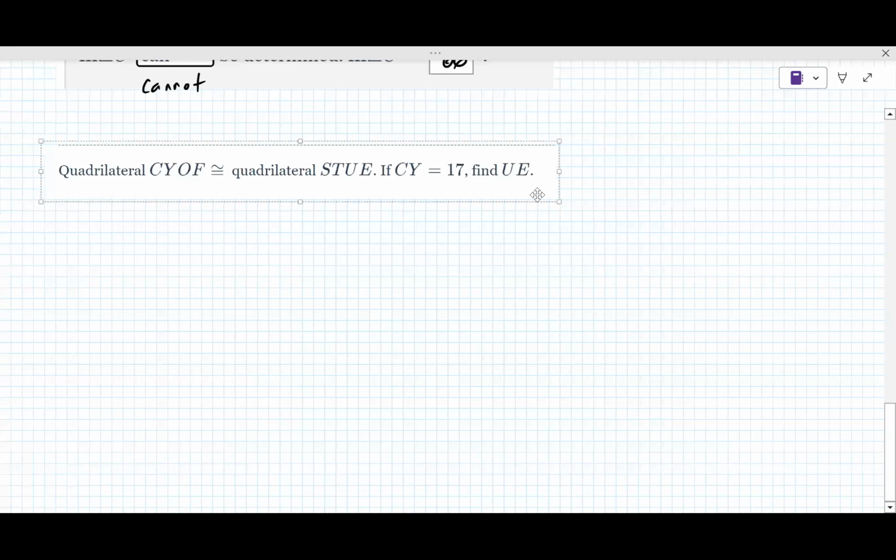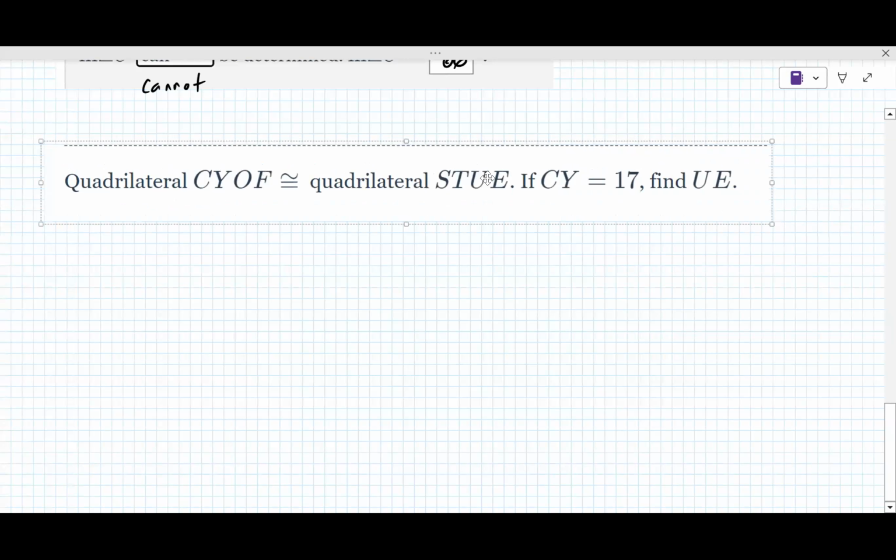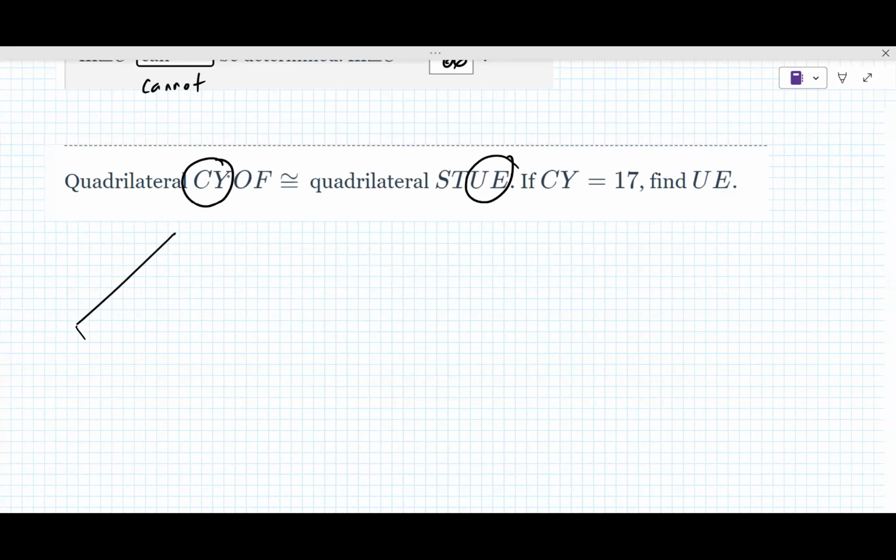All right, so quadrilateral CYOF, quadrilateral STUE. So C to Y is the first 2 letters. U to E are not the first 2 letters, okay? And that's a problem. Now, because it's a quadrilateral and not a parallelogram, you can't say anything about congruence between sides and such. We actually don't know what this thing looks like. Even though I made it a nice parallelogram earlier, we have no idea.